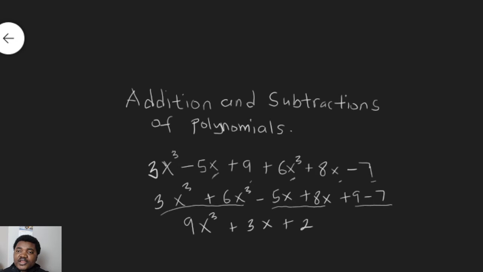So you look for the like terms here, and we realize that x cubed and x cubed are like terms, and then x and x are also like terms, and the number 9 and the negative 7 are also like terms. So those are the terms that you need to combine.